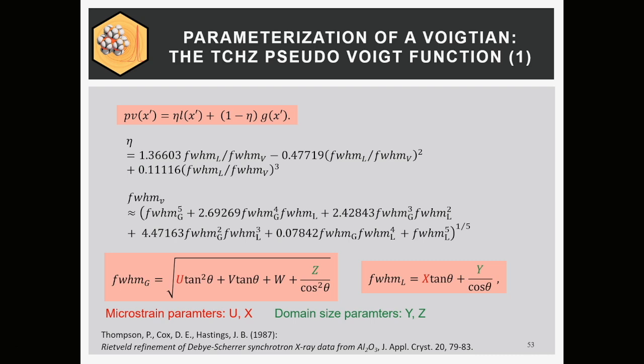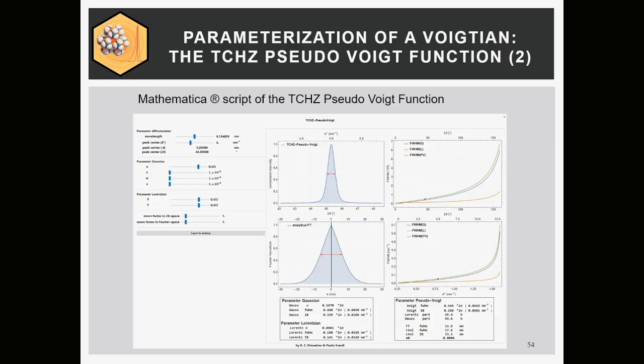Okay? So what we will refine is u, z, x, and y. This is the same approach as the double Voigt. We can either use the double Voigt, or we can use the pseudo-Voigt according to Thompson, Cox, and Hastings. And we will refine these 4 parameters tomorrow.